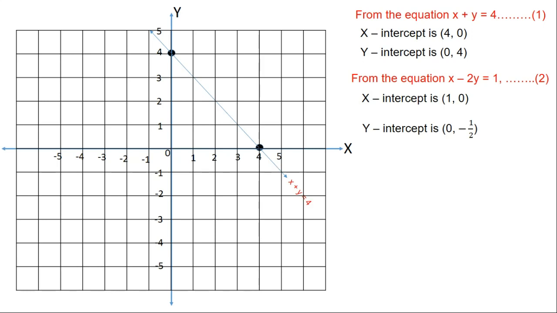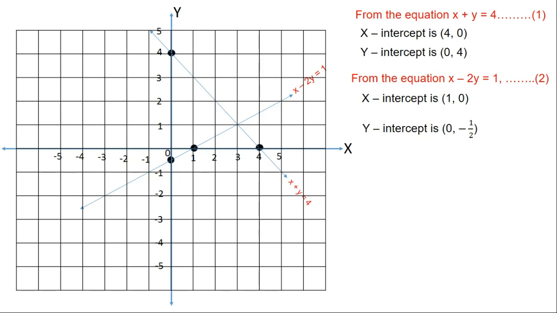Now let's plot equation number 2, x minus 2y equals 1. The x-intercept is (1, 0), and the y-intercept is (0, negative a half). And therefore, the straight line that shows equation number 2 is like this.